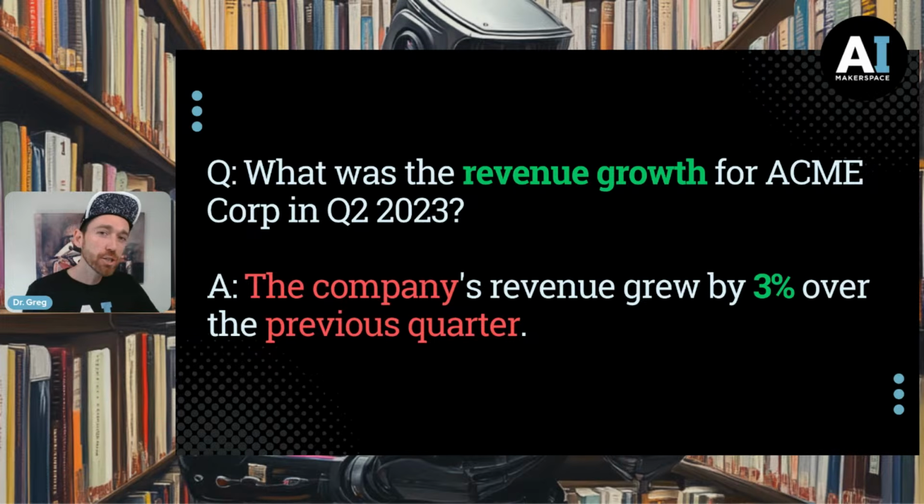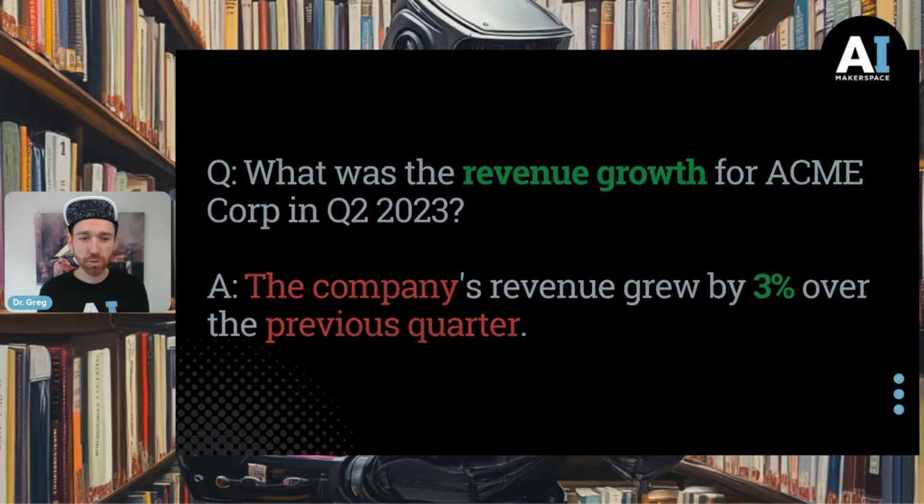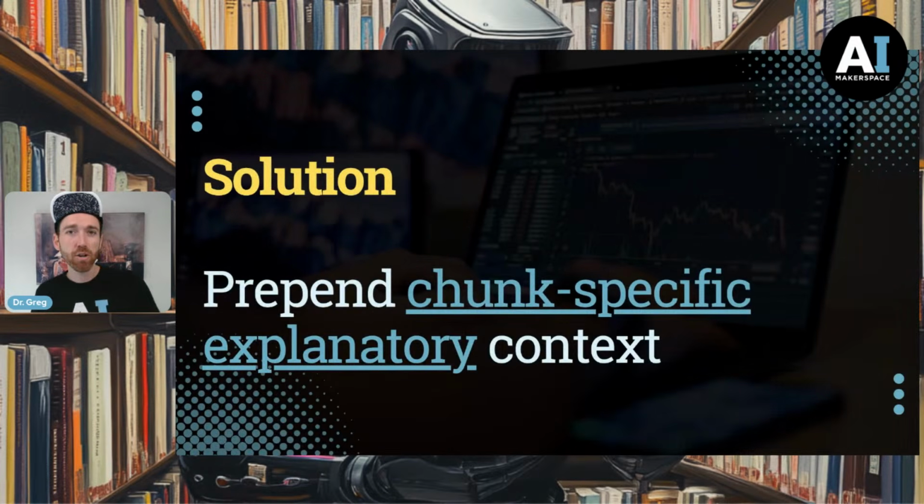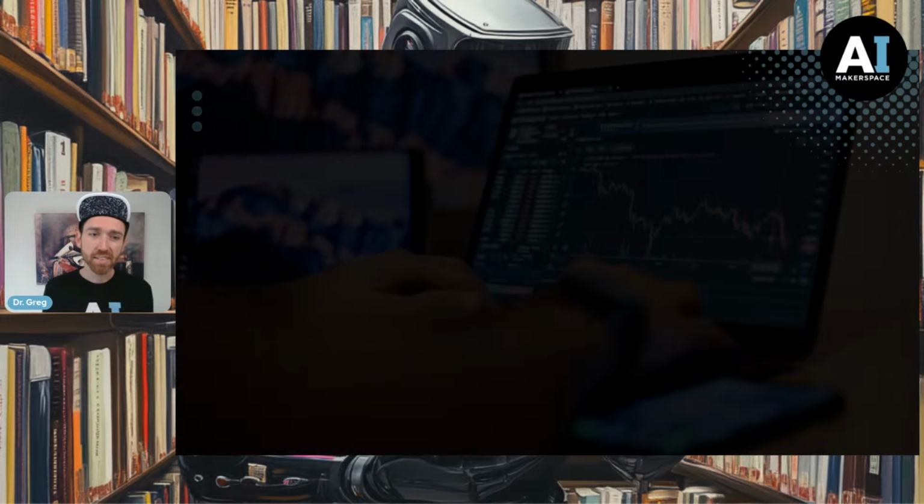And so what we want to do is leverage this idea of getting chunk specific explanatory context. And what we'll do is, as Anthropic calls it, we'll prepend this chunk specific explanatory context. So rather than say the company, the previous quarter, what are we going to say?